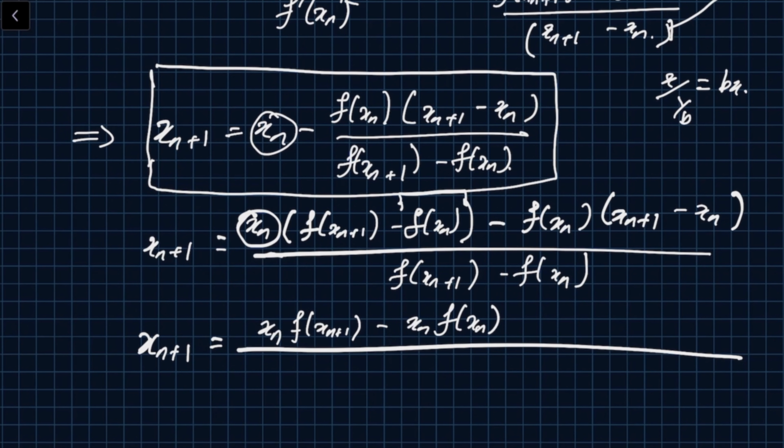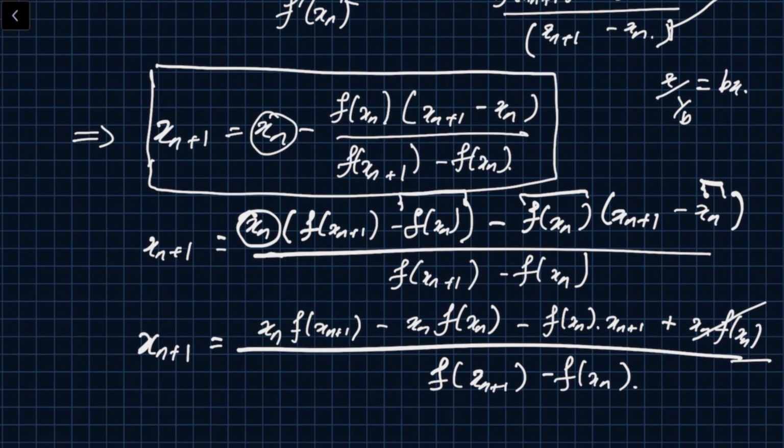And here you've got the same term, f of xn and xn, but minus times minus is a plus, and so they cancel. Well, let's expand. So minus f of xn times xn plus 1 plus xn f of xn, right, over the same term. Okay, so you've got this term and this term that cancel.